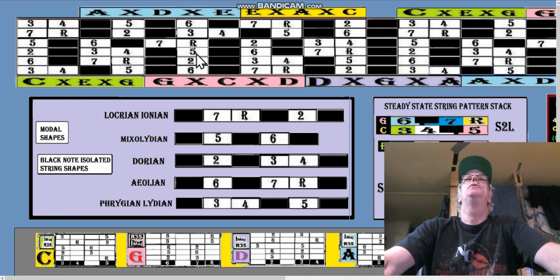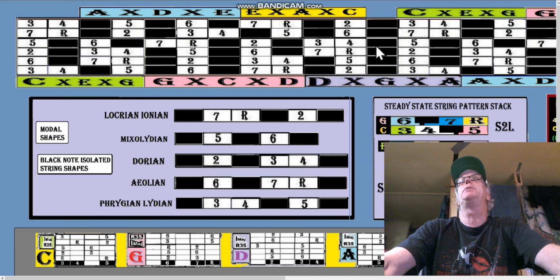For instance, we have bookend isolation here on the Mixolydian. Anywhere you look on a 5-6 here, we have that same bookend isolation. What does that mean? Those bookends give us the fifths. The fact that these are a fifth apart.